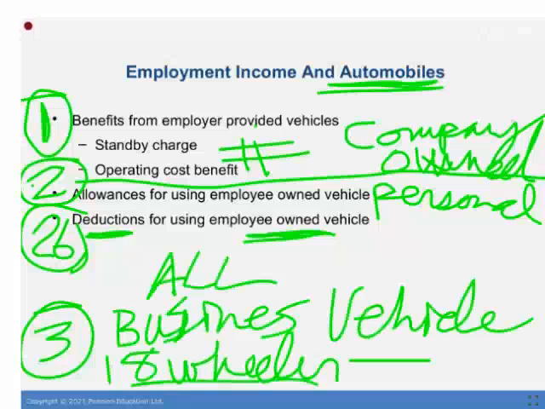Just because it's a truck doesn't mean you're going to be able to deduct 100% of the cost. And there are many different types of trucks. We can get into the weeds with this. I won't go too far down this path in this course.